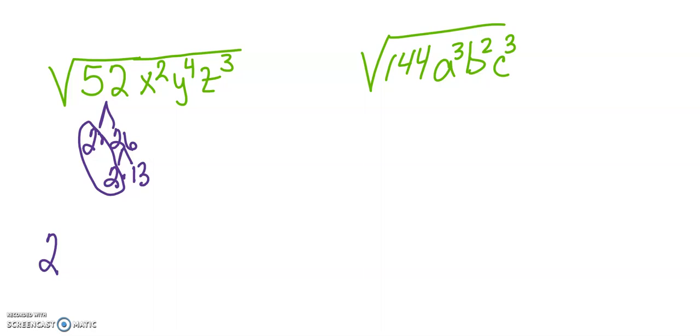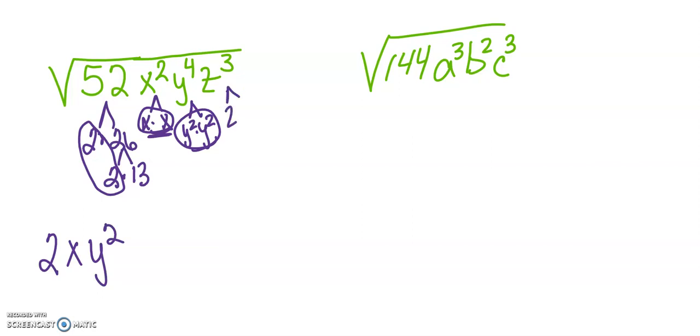All right, let's look at our x squared. That can be written as x times x. We have 2 of a kind, therefore it comes out. Y to the 4th can be written as y squared, y squared. That's 2 of a kind, it can come out. Z cubed can be written as z times z squared.